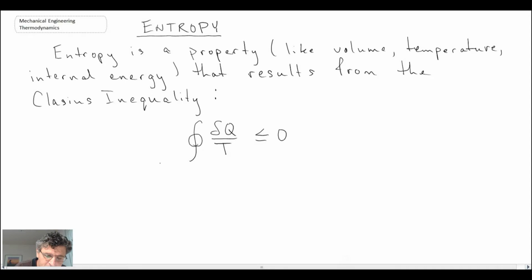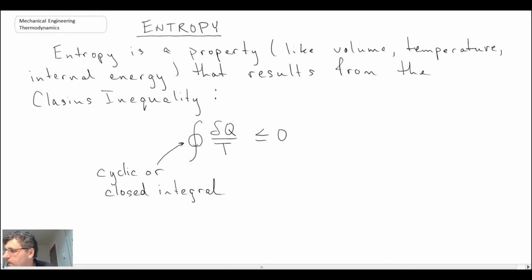The closed sign on the integral here implies that it's either a cyclic or closed integral. So that is the Clausius inequality, and it will become the starting point for our derivation of relationships that enable us to calculate change in entropy.